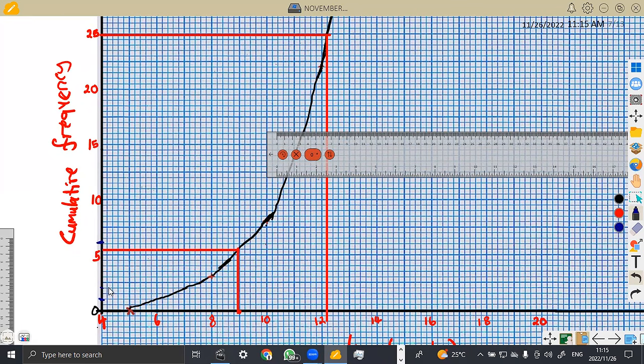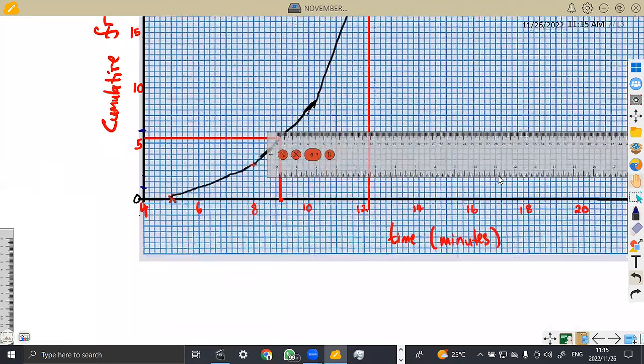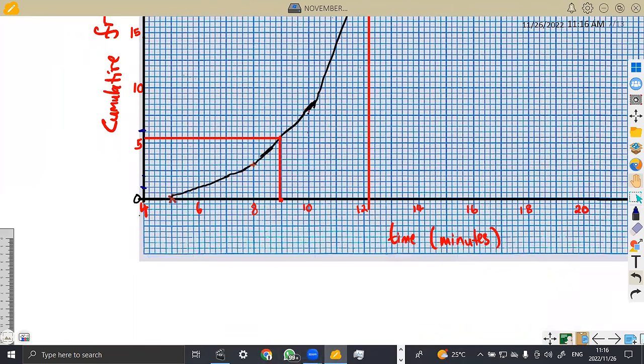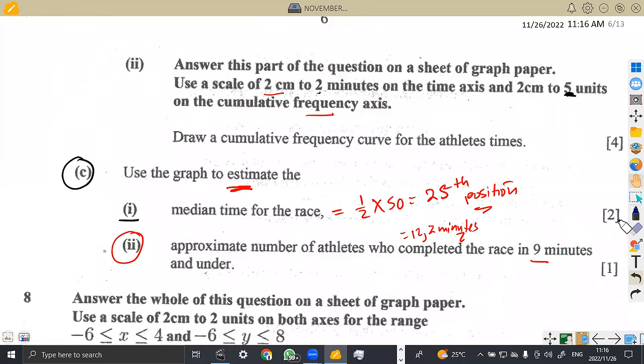So it can't be 5.5 athletes, but according to the graph it is 5.5. Remember, this graph is supposed to be smooth, guys. So the answer that you get there was your answer. I don't know which one exactly you obtained from your graph, but it's supposed to be from 5 to 6. That's where we are supposed to have our answer.